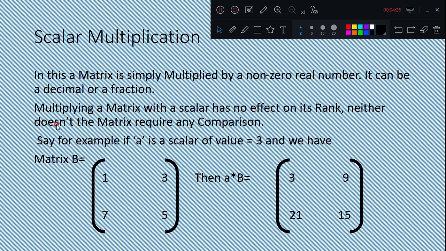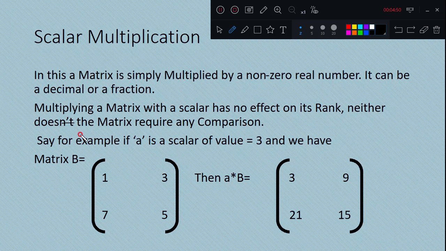It's a correction here, and it does, right? Like in addition and subtraction, as I have shown, matrices needed to be compared first. We had to check whether their ranks are the same or not.